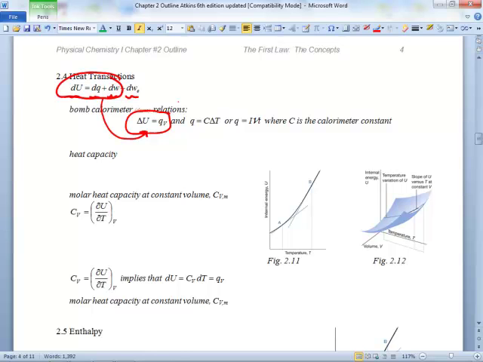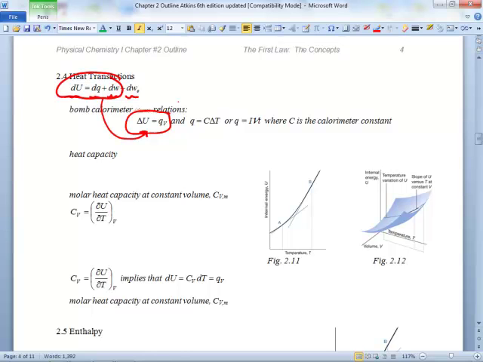Okay. So Q sub V, little v means constant volume. So do you see how they went from that equation to delta U equals Q_V? What happened to the W? What happened to little infinitesimal dW? Why isn't it there? Because volume can't change. That means can you do compression work?